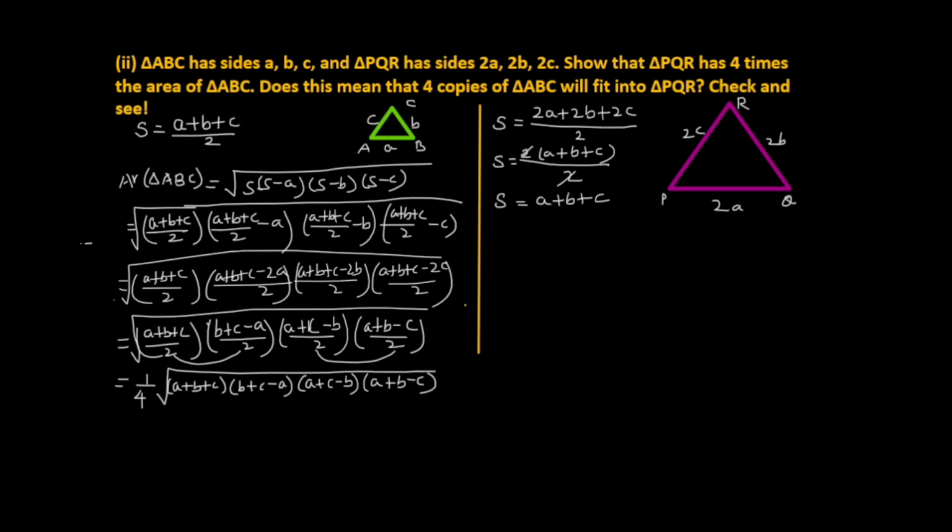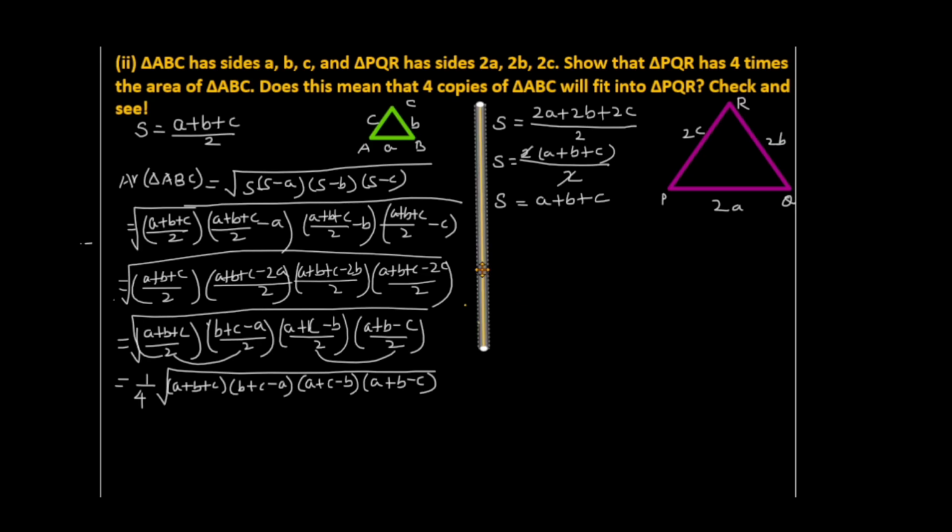So this is our area of triangle ABC. Now see the next area, that is PQRS area. Here semi-perimeter of PQRS is given. One minute.